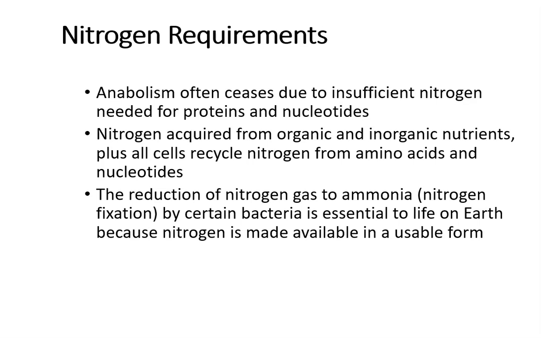You can reduce this nitrogen to ammonia by certain bacteria, which is essential. As I mentioned, these nitrogen fixing bacteria take this nitrogen gas and reduce it so that these plants have the nitrogen available in a usable form.